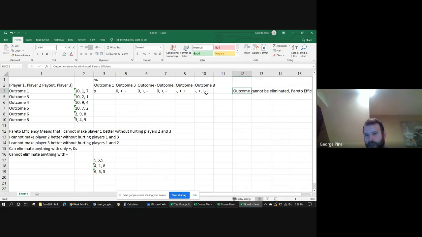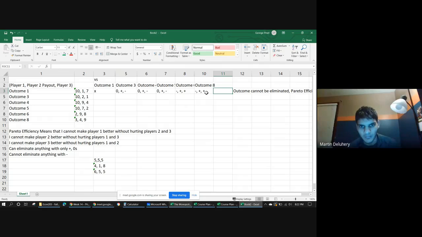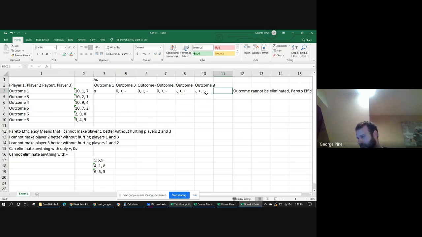Okay. So it's Pareto efficient because there's no other outcome in which one of the players gains and the other players don't lose. There's outcomes in which the opposite is true, where players can lose without another player gaining, right? That would be outcomes 2 and 7.